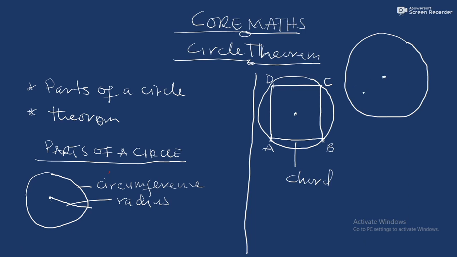Now, this is the center of the circle. Now tell me, if I have a line from here to here, which passes through the center, if I have this line, let's label it X, and then this one as Y. Is this line a chord?